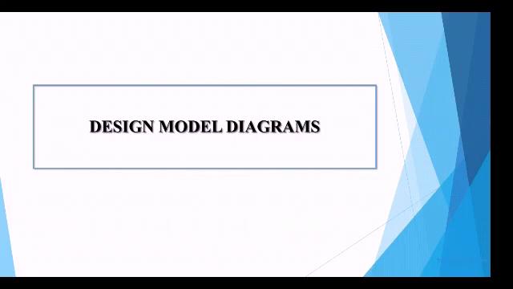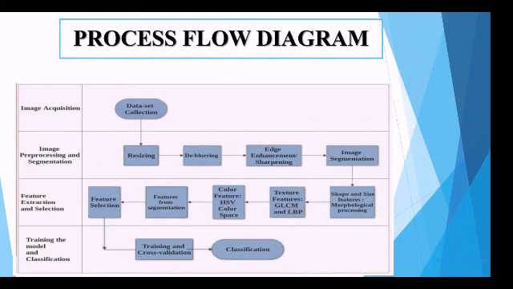Design model diagrams. The flow diagram of this project is image acquisition, image processing and segmentation, feature extraction and selection, training the model, and classification. The image acquisition is data collection.